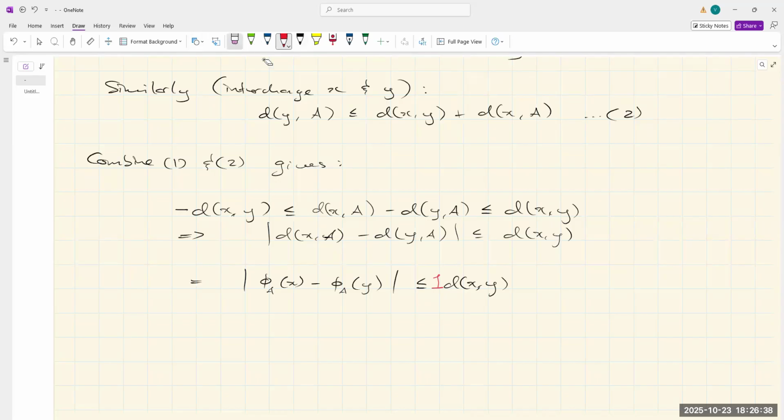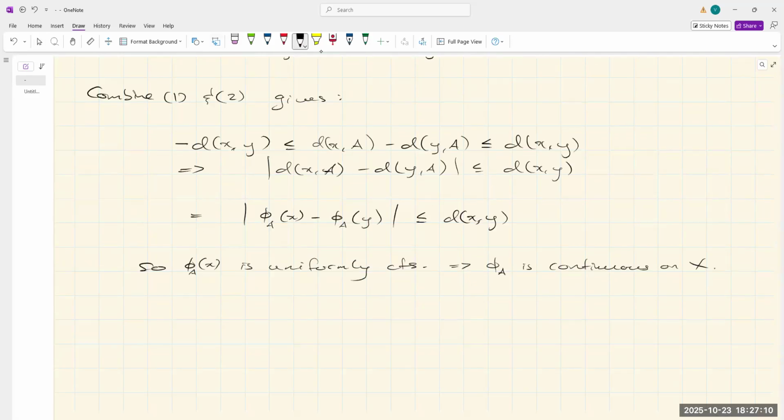Okay, this is uniformly continuous. So phi_A is uniformly continuous, which implies phi_A is continuous, okay, on X.